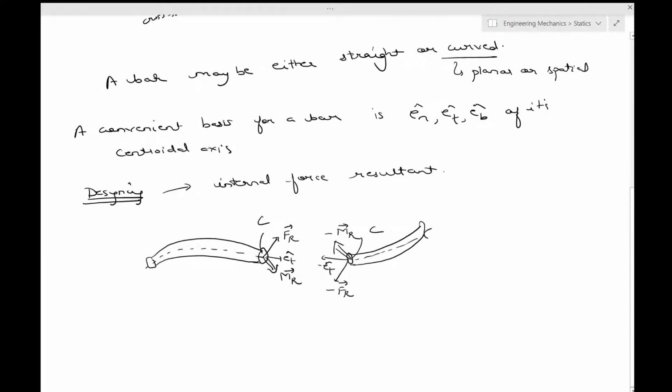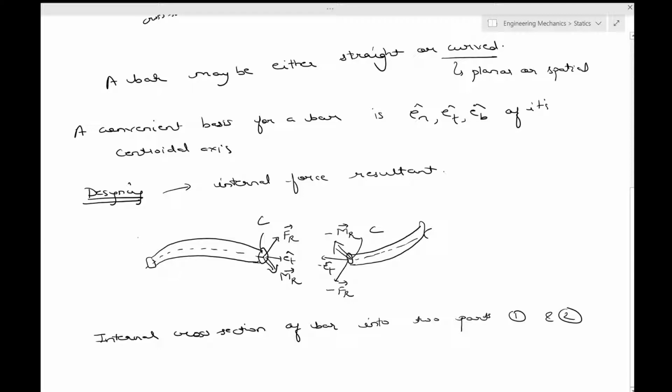Now what we have done over here is we have divided the bar at the internal cross section into two parts, one and two.